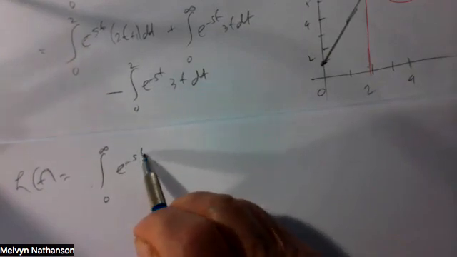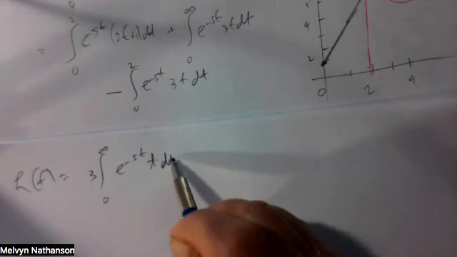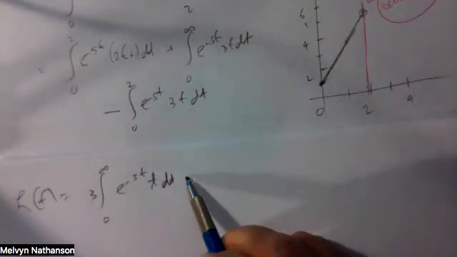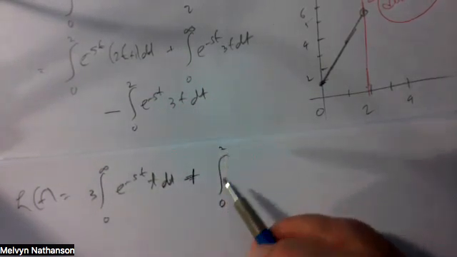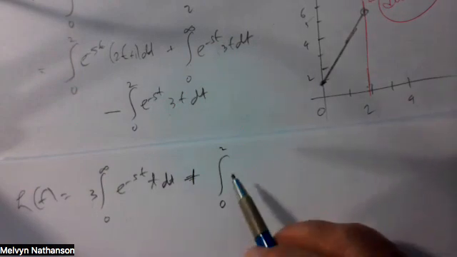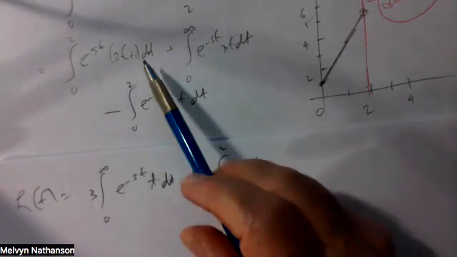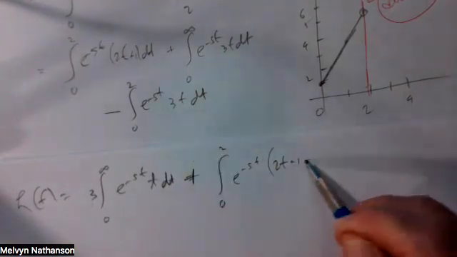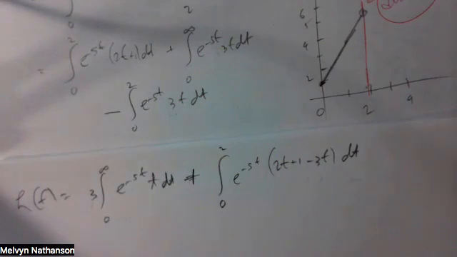My Laplace transform is equal to the integral from 0 to infinity, e to the minus st, 3t dt, where I can take the 3 outside, plus the integral from 0 to 2, e to the minus st, 2t plus 1 minus 3t dt, which is 3 times the integral from 0 to infinity, e to the minus st, t dt, plus the integral of e to the minus st, 1 minus t dt, evaluated from 0 to 2.